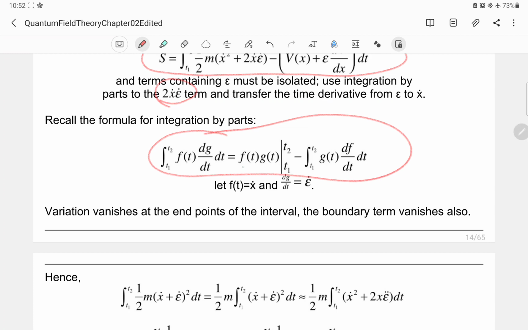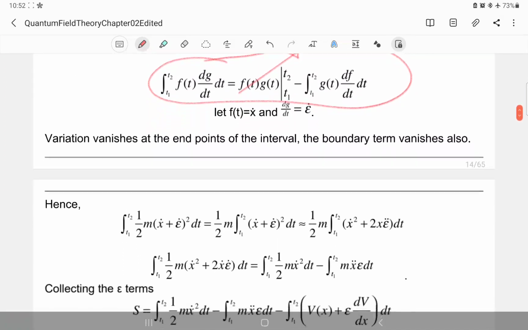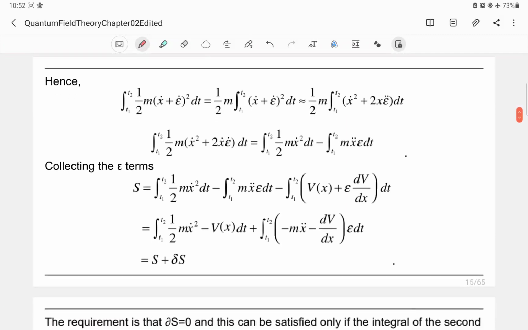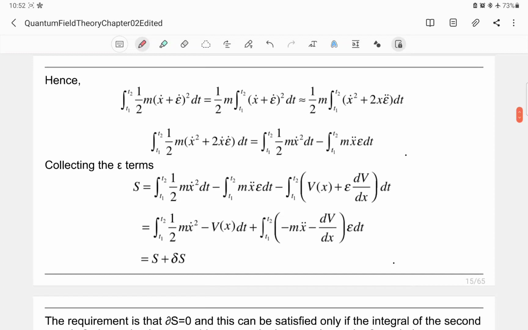So this one here will be set to 0. Not really set, but it's really equal to 0. So your first integral will be simplified to this one, and of course this is equal to this one.